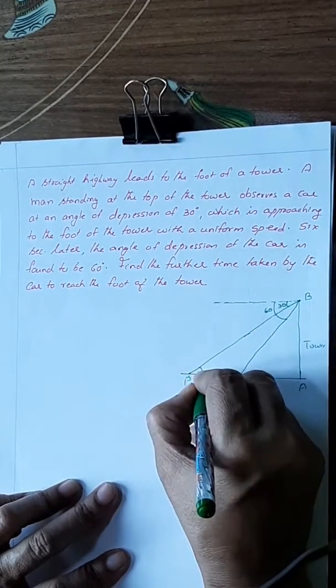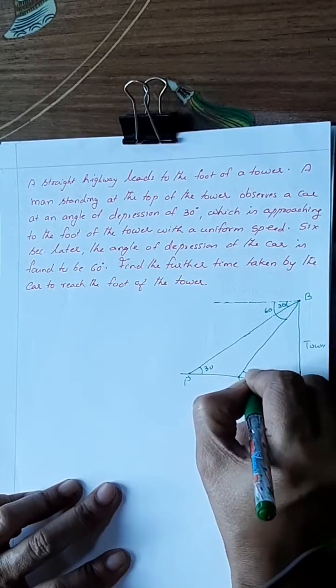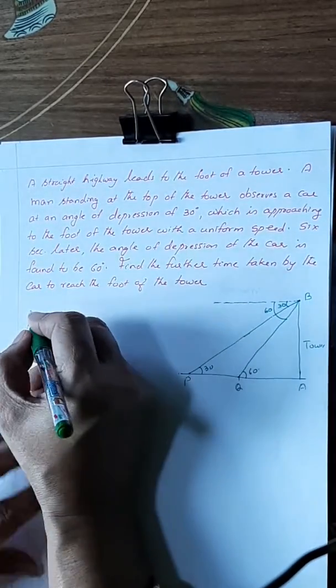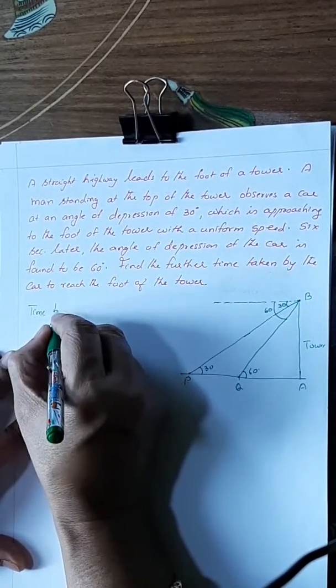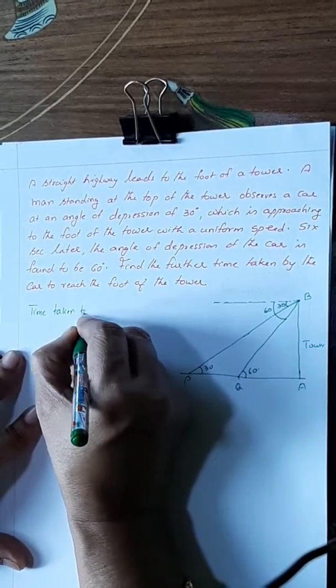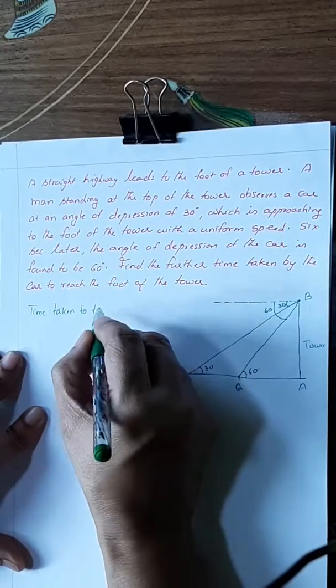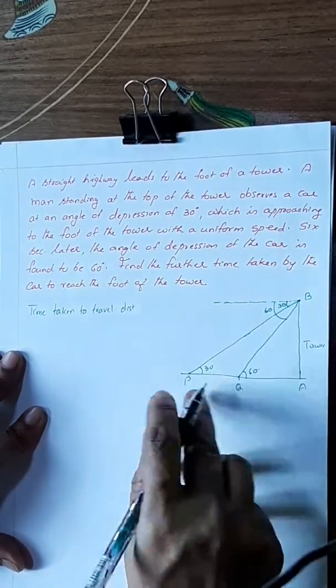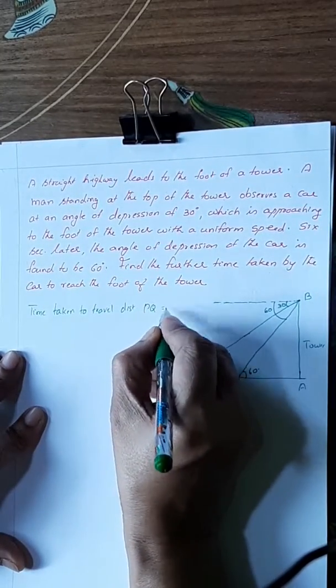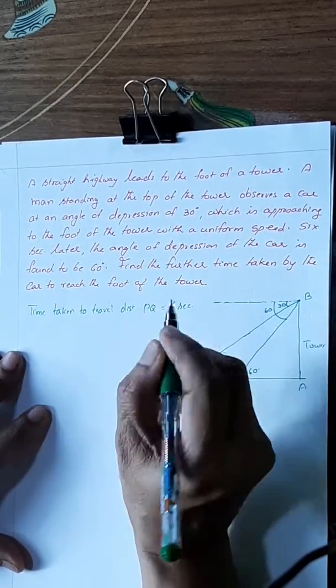Now here this will be 30 and this will be 60. Time taken to travel distance PQ is equal to 6 seconds.